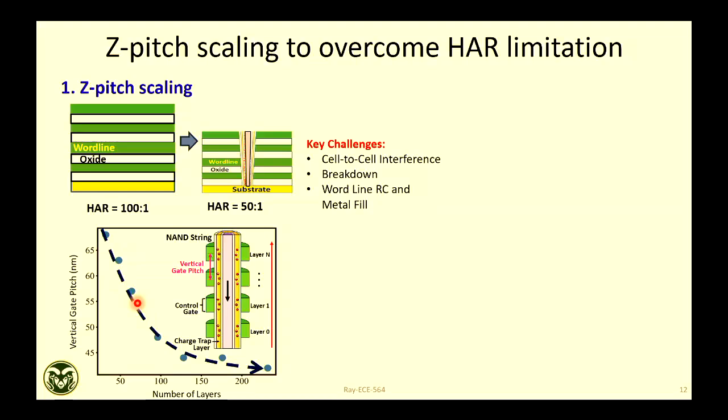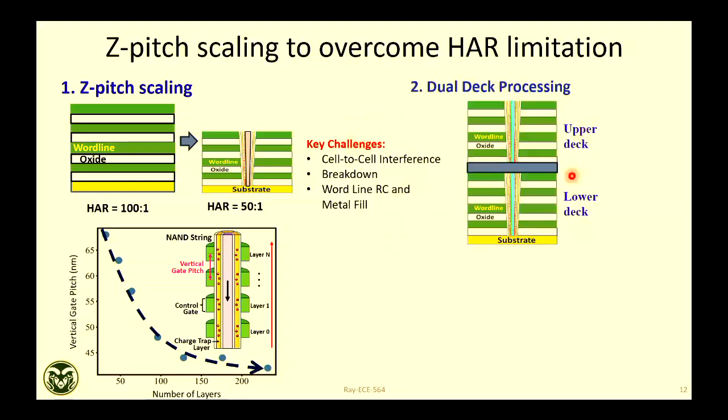And then you can find out what the gate pitch is in that technology. Number of layers is public, and for gate pitch, people can do cross-sectional analysis. It is clear that the gate pitch is reducing. It started at 80, as I said earlier, but now it is all the way to around 40. Now it is saturating. It's very, very hard to squeeze further because of all those challenges.